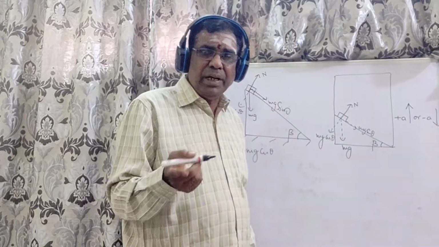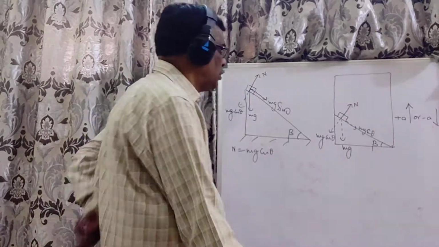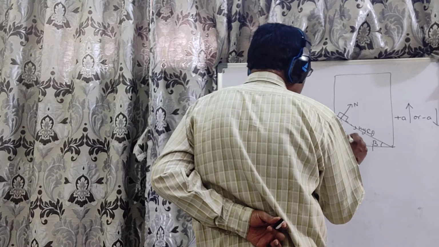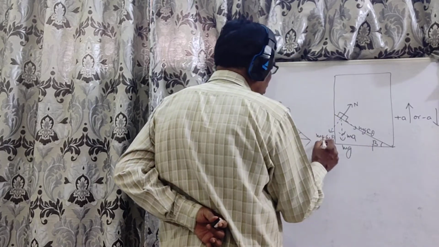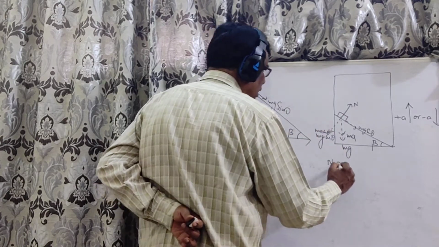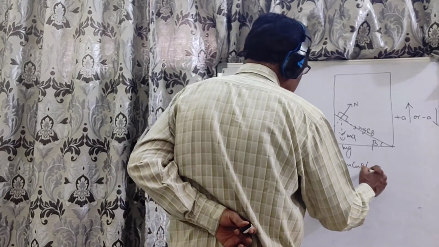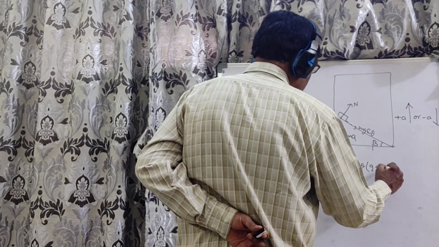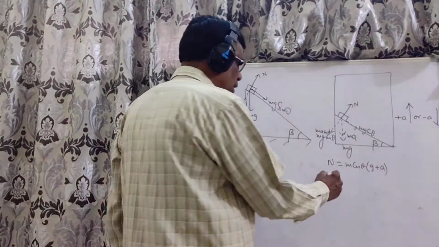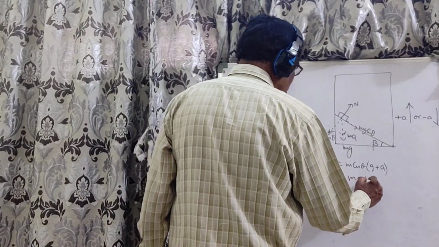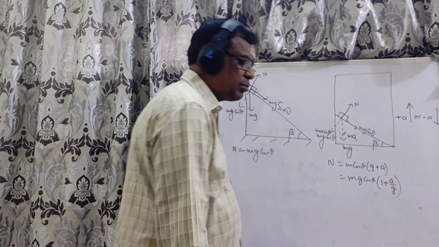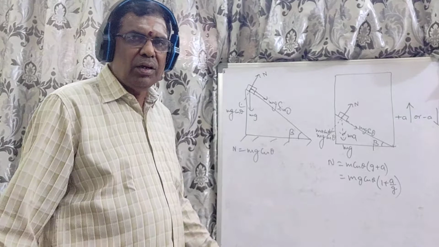In this case, I am directly using the pseudo force concept in the FBD. Going up means a down will be like this. Therefore, what is your N here? m cos theta into (g plus a), we can write it as m cos theta into (g plus a). No issues at all.